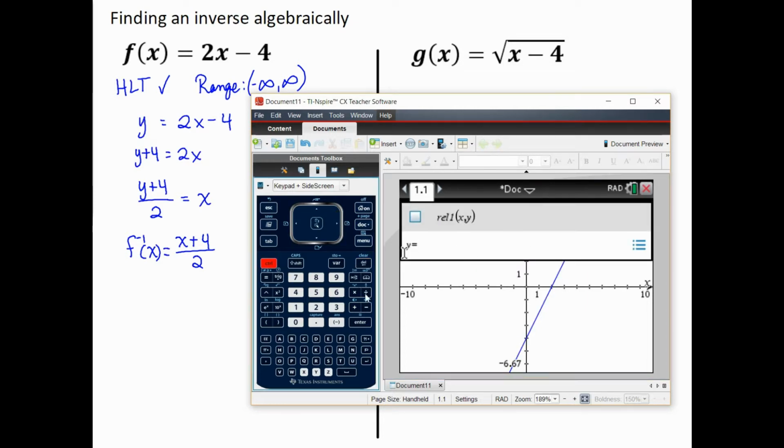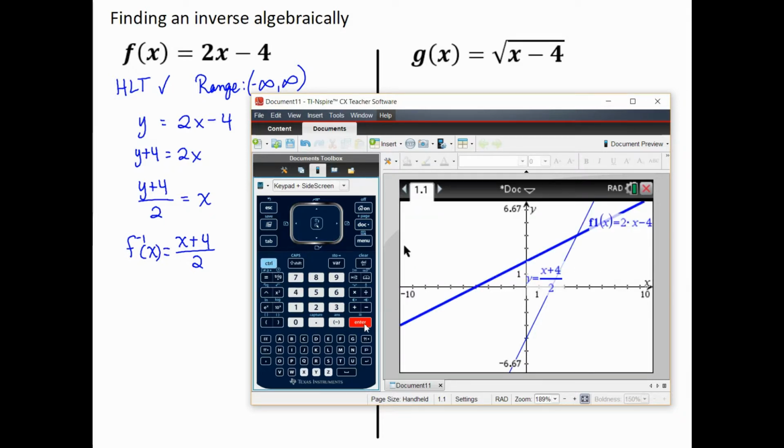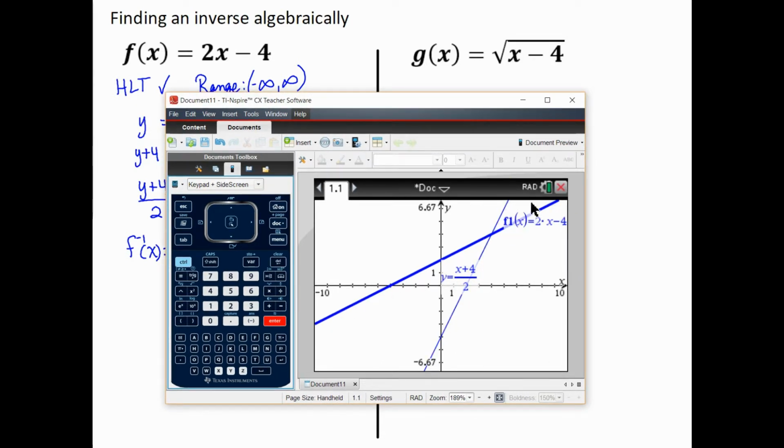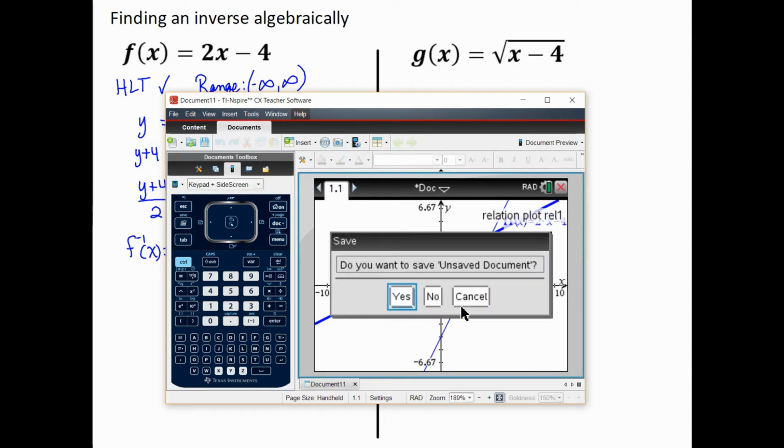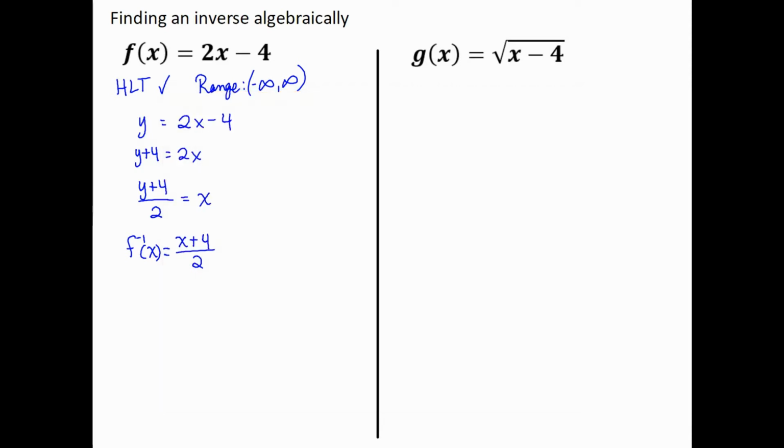Whatever. This is going to work out. Y equals x plus 4 divided by 2. It's the same thing. So notice here, we have that nice symmetry along the line y equal to x. There is no restriction on my domain. The domain is negative infinity all the way to the right to positive infinity. Let's get rid of that.